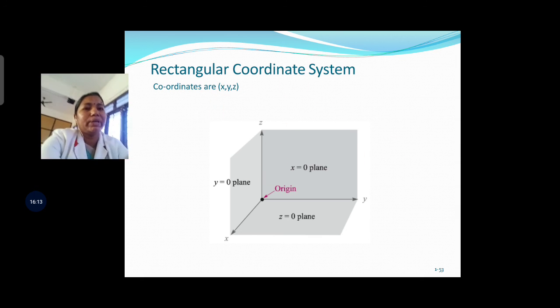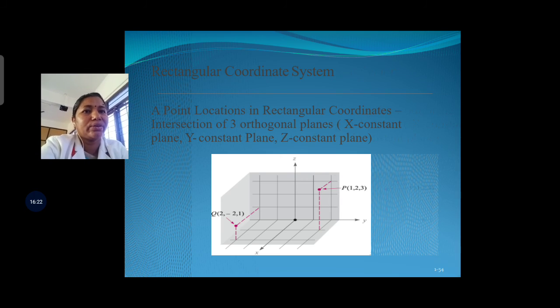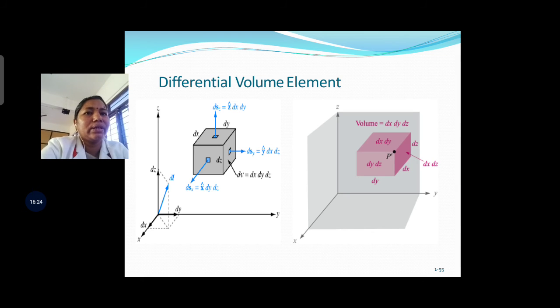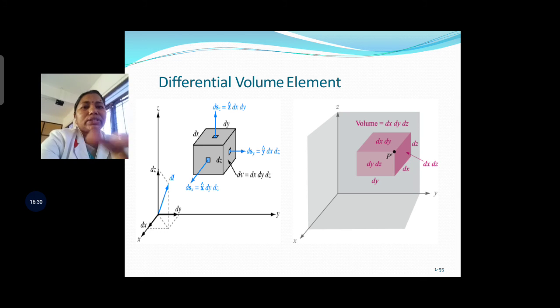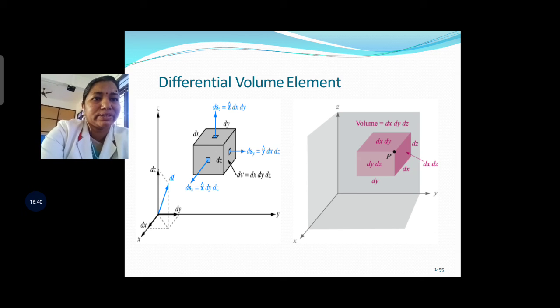It may be called the Cartesian coordinate system; rectangular and Cartesian are the same thing. For the differential volume element, we just take x, y, z for the Cartesian or rectangular coordinate system. Multiplying these three things gives the volume, so this is dx, dy and dz.